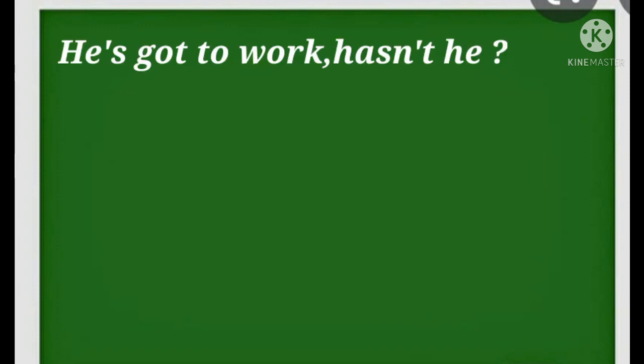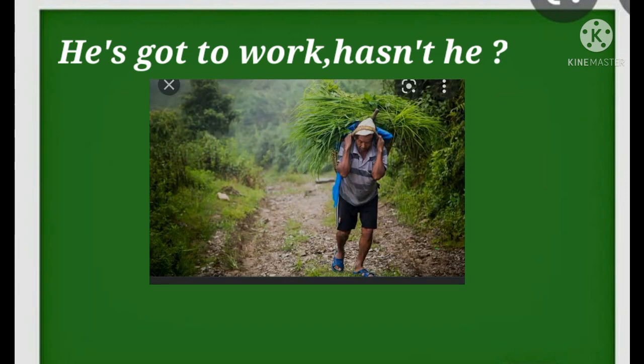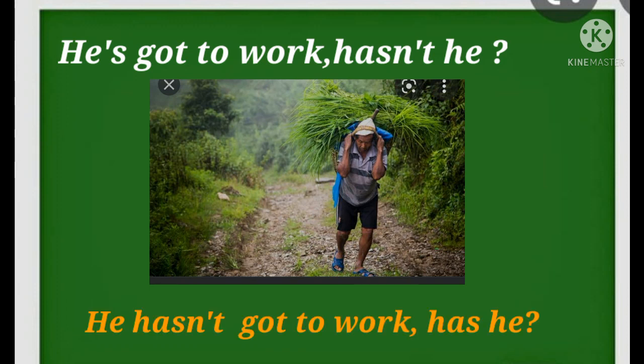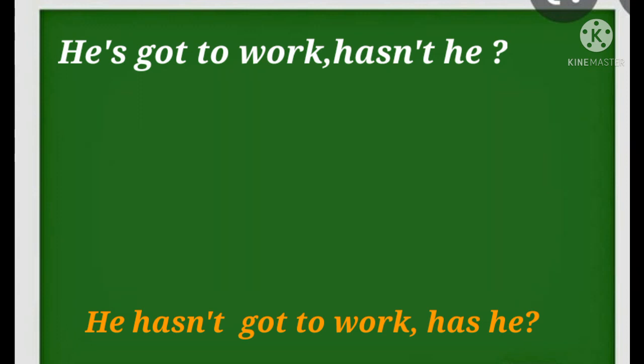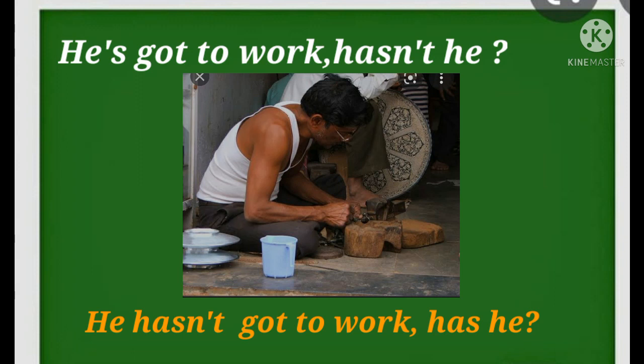If you add the word got into the sentence and say, he has got to work, then the tag becomes hasn't he? And in the negative sentence, he hasn't got to work, has he?